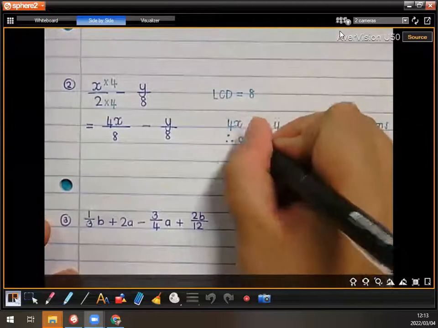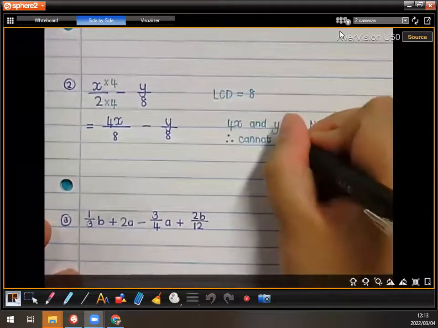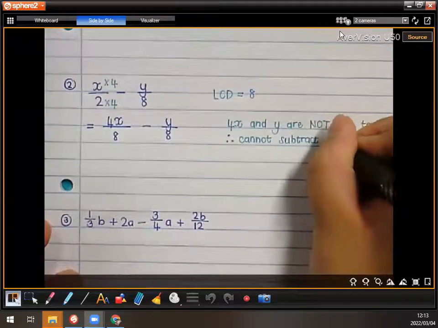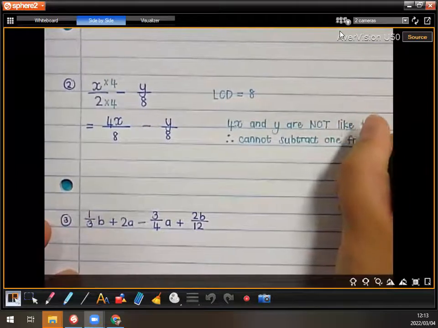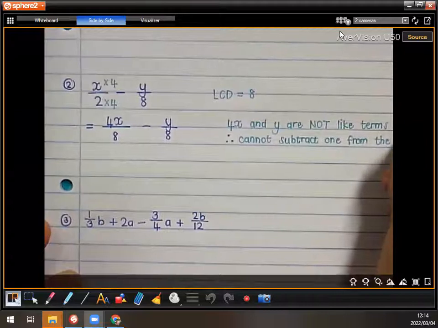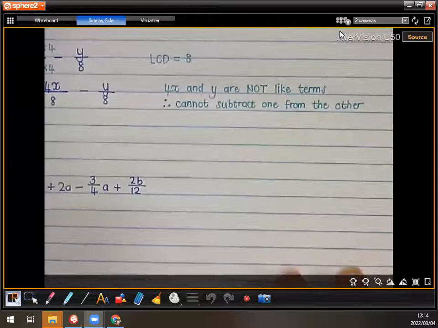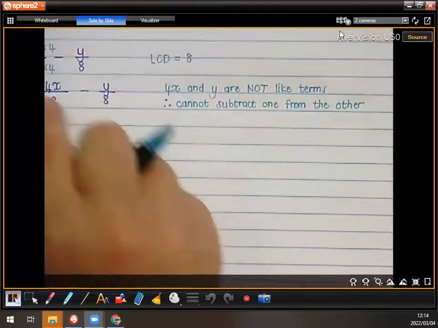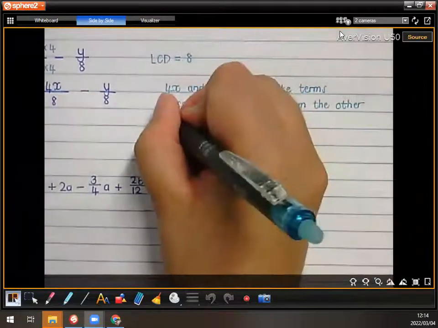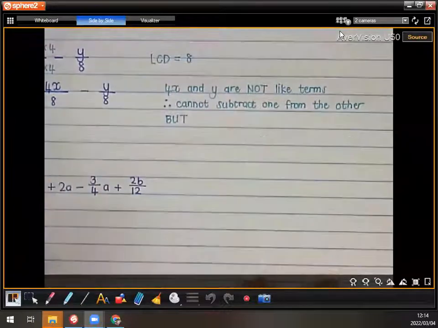But I'm going to show you what we're going to do. Therefore, we cannot actually subtract one from the other. So we cannot subtract one from the other, right? We can't get an answer if we say 4x minus y. But we have the same denominators.